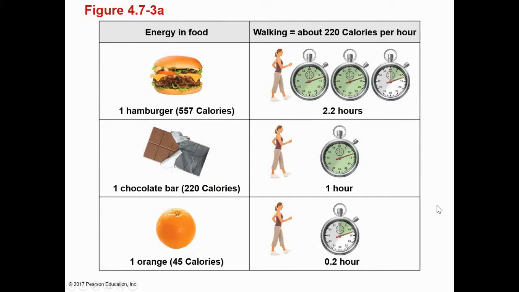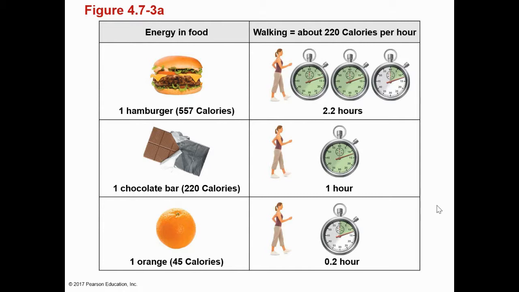Just to give you an idea, one hamburger is about 550 calories, and if walking burns about 220 calories per hour, the amount of activity to use all of that energy is 2.2 hours of walking. So calories equate to energy.